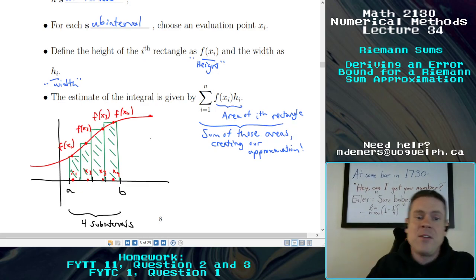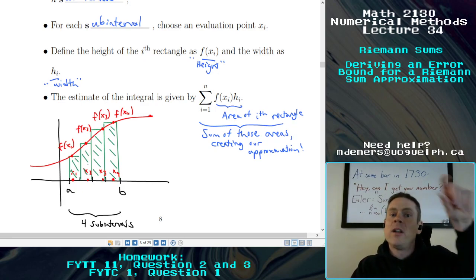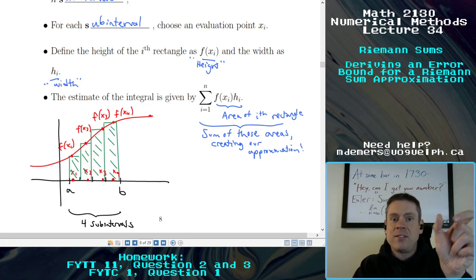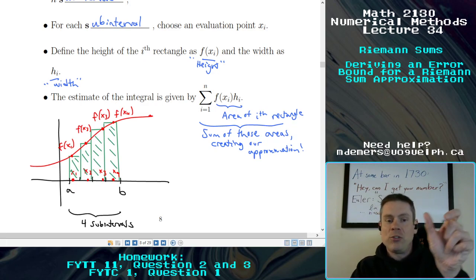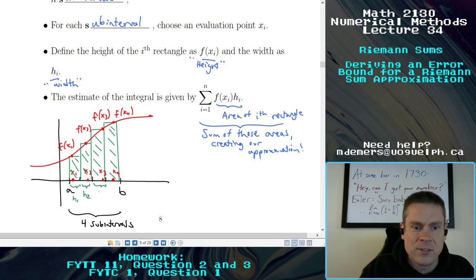And that's given by the scheme. You can see right here, one rectangle has an area of... so I guess what we really need here is something like this distance h1, this is a distance h2, this is a distance h3, this is a distance h4.